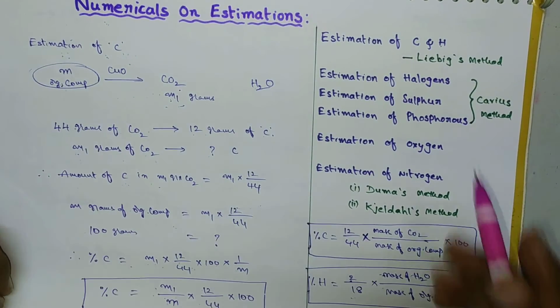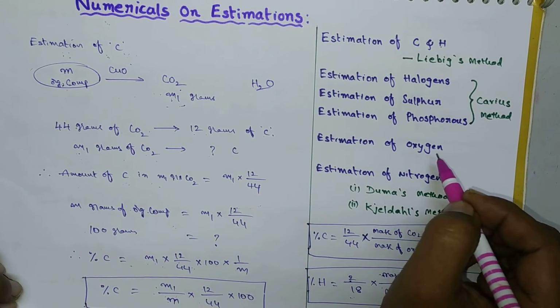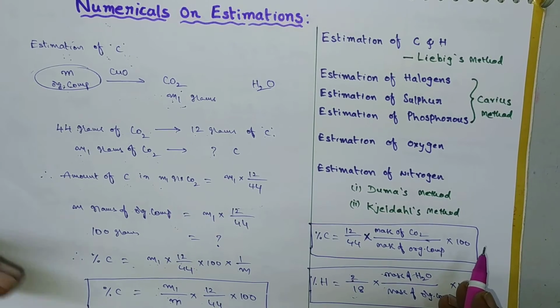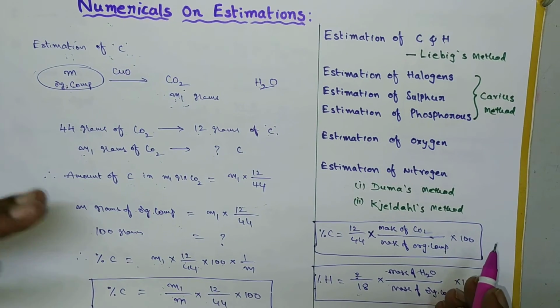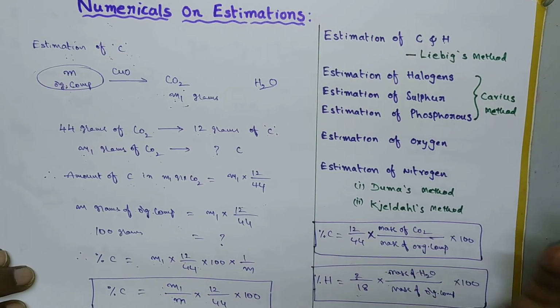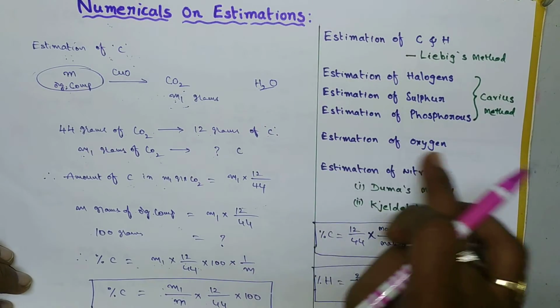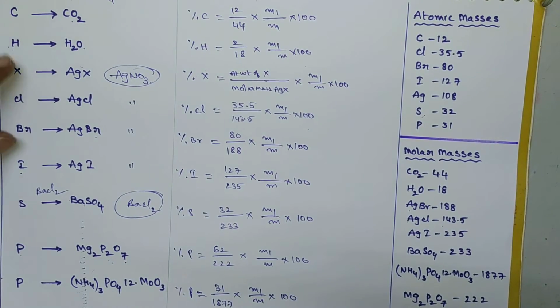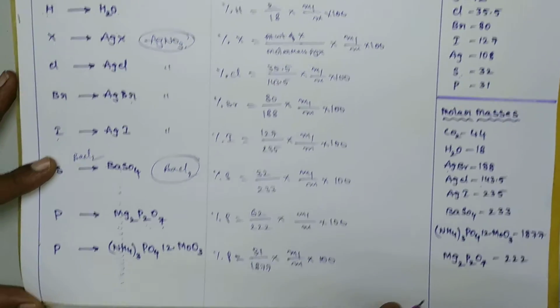In order to estimate oxygen, there is an indirect method. If you calculate all the percentages, the total should be equal to 100. If it is less than 100, the remaining percentage will be the percentage of oxygen. Or you can calculate the percentage of oxygen by converting it into carbon dioxide.